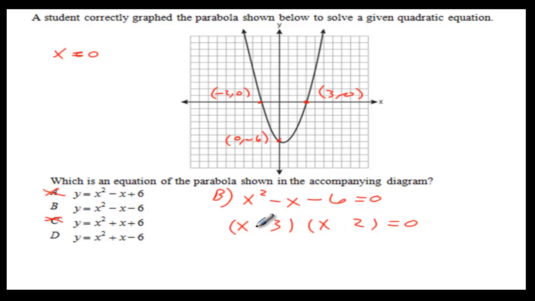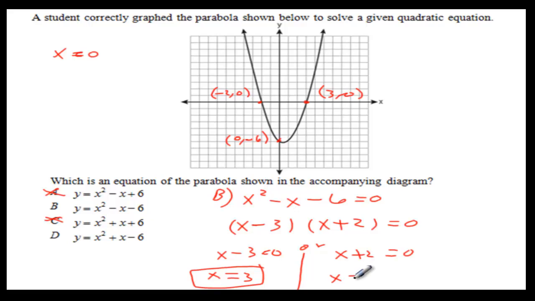So you have negative 3 times positive 2 equals negative 6, and negative 3 plus 2 equals negative 1. When you solve this, either x minus 3 equals 0, or x plus 2 equals 0. This gives you x equals positive 3 and x equals negative 2. So now you have negative 2 as a root and 3 as a root. So this is the right choice, choice B.